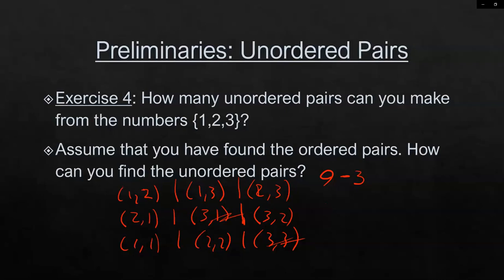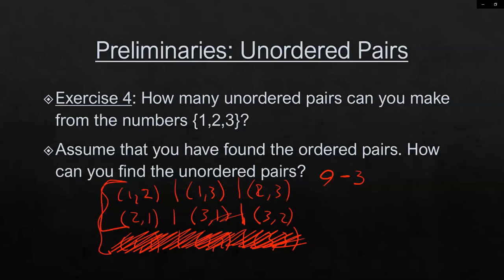So essentially we start with this 9 here. We remove all of the ones that have the same number in both entries, and we are left with those here. How can we immediately understand how many unordered pairs there are just from this one? What do we do with those? You see that each pair that is here has its mirror, right?